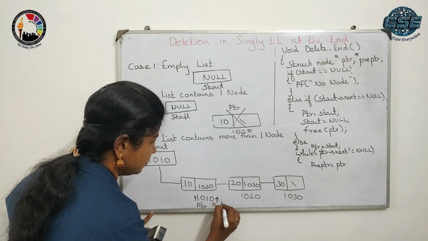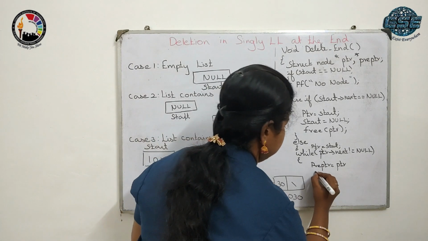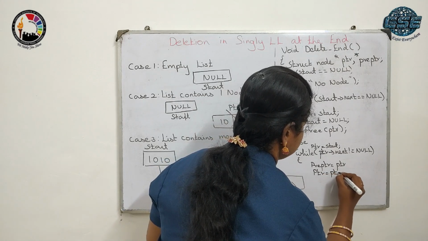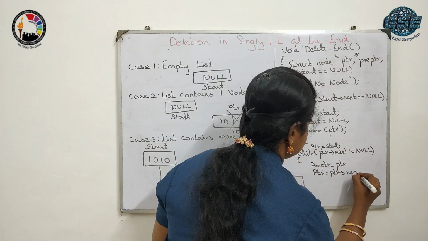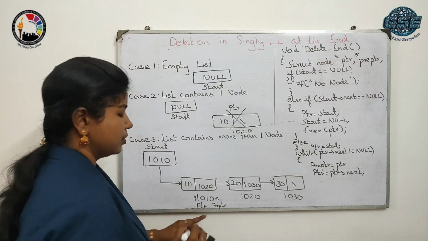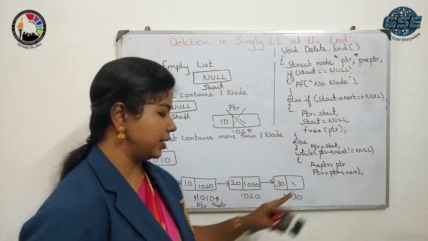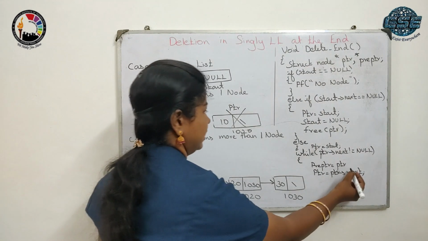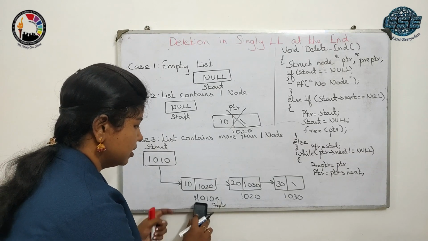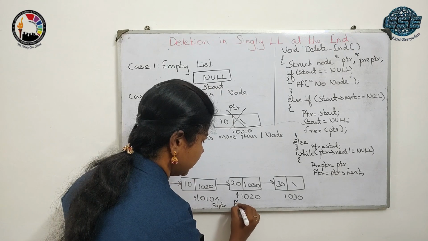So pre-pointer will also be pointing to the first node, and pointer is equal to pointer of next. Pointer of next is not equal to null, so I am fixing pre-pointer to point to PTR, and then I am making the pointer point to pointer of next. Pointer of next is 1020. So here we will have the pointer variable.